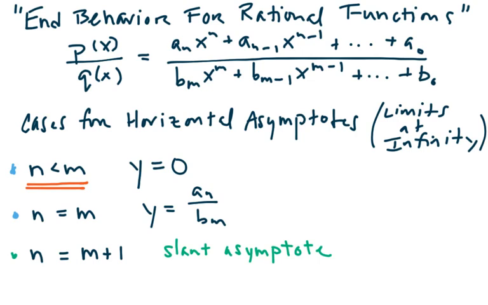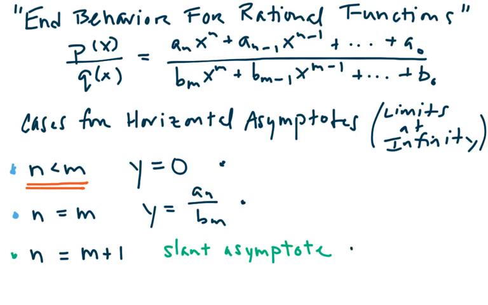Okay, so how does this correspond to limits? Well, 0 is the limit. It's the horizontal asymptote, but it is the limit of that rational function as x goes to infinity. The ratio of the leading coefficients is the limit of that rational function.